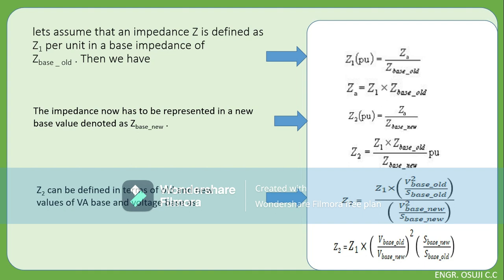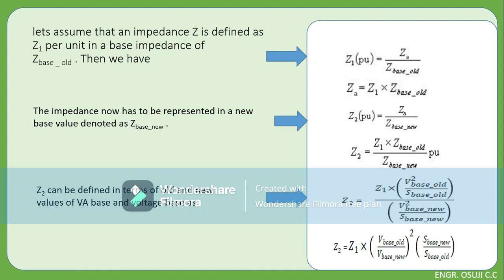And the base power at which that per unit value was given to you is different from the actual base you chose for your calculation, because before you go into your calculation you choose a convenient base. Like we say, sometimes as a rule of thumb you can choose the power of the highest generating equipment in the power system.